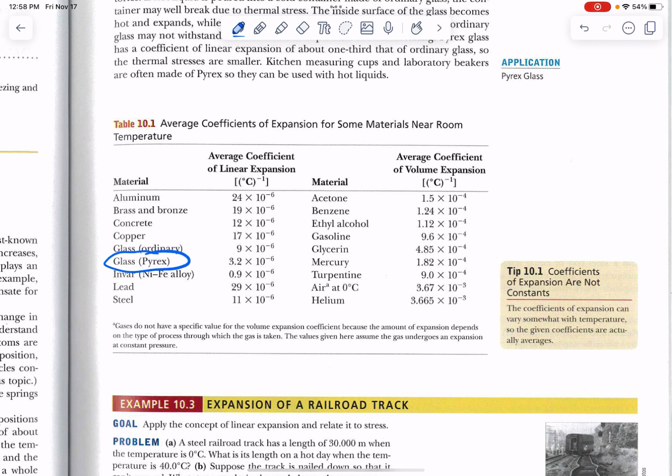You've all worked with Pyrex in the lab because it has a small coefficient of linear expansion compared to ordinary glass, which means it doesn't get that much bigger when it gets hot or you put hot water in it, and it doesn't get that much smaller or contract when you put it in cold water, which means the glass is not going to fracture or break.